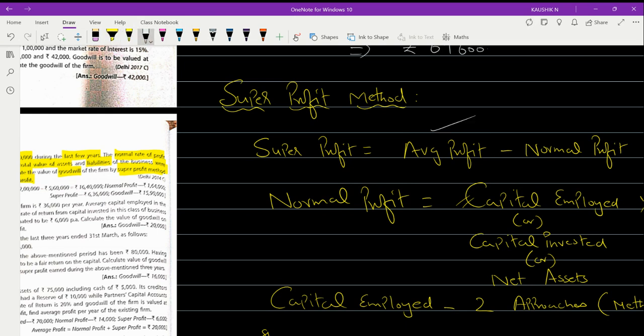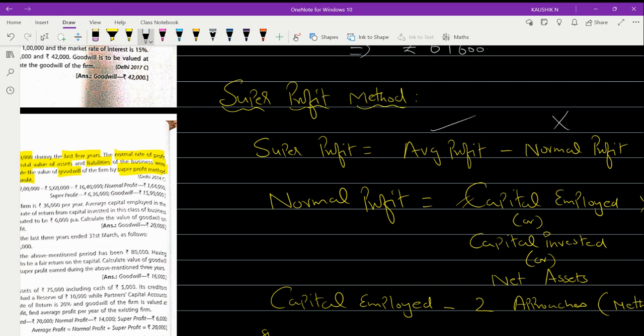How about the normal profit? Is it given directly in the question, or do you have to derive it by using some method? No, sir.